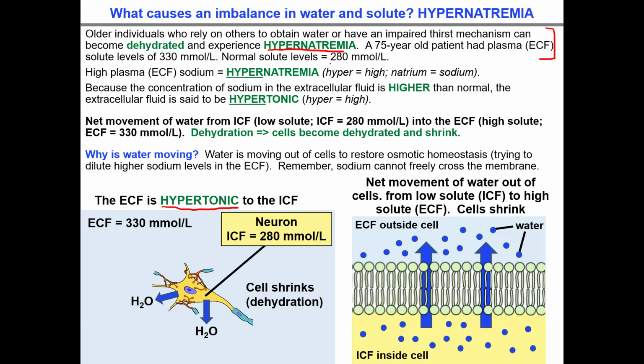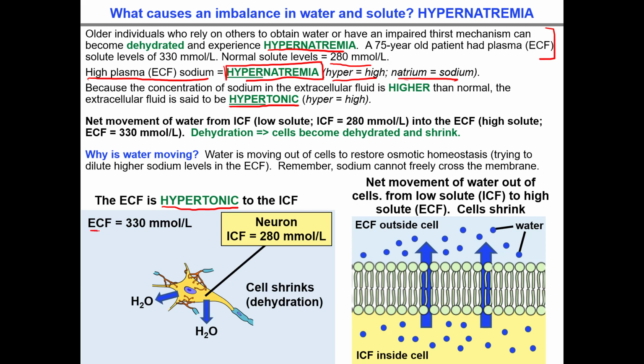Normal solute should be at 280. So in this case, this person has a high plasma extracellular fluid sodium outside, causing them to go into hypernatremia. Hyper meaning high, natremia, sodium. So they have high sodium, and this is producing a hypertonic solution.